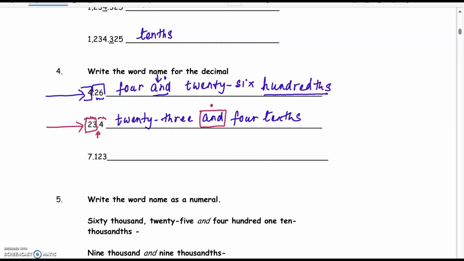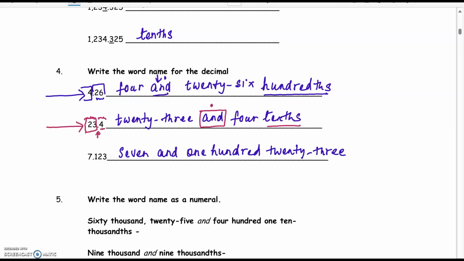We have just 1 place value after the decimal point. So that is where the tenths comes from, and the number after the decimal point reads 4. So we have 23, which is the whole number, and now we read the decimal portion of it, 4 tenths, because there's just one decimal place value.